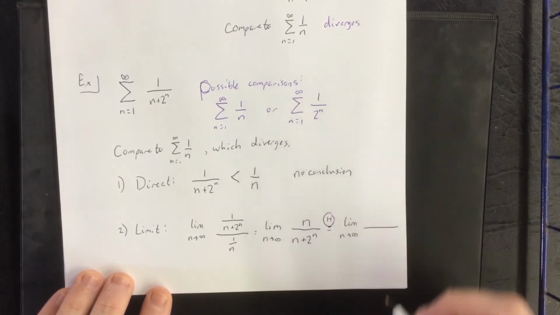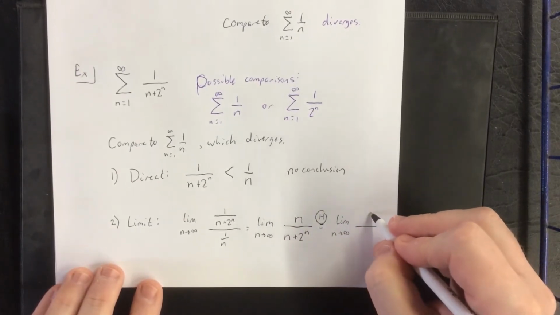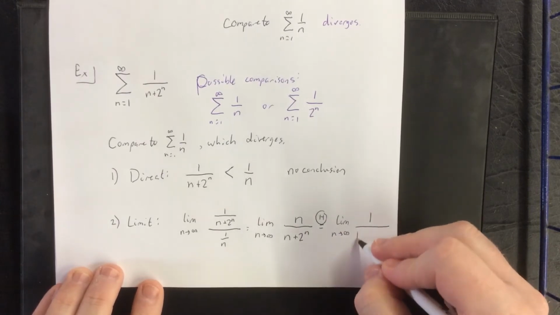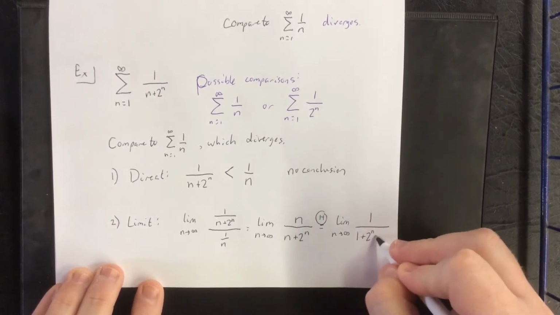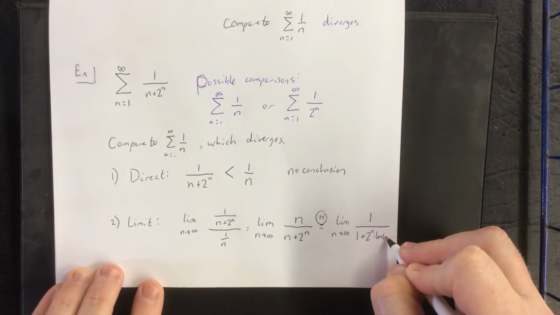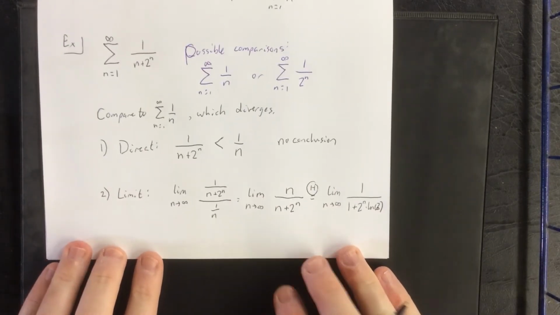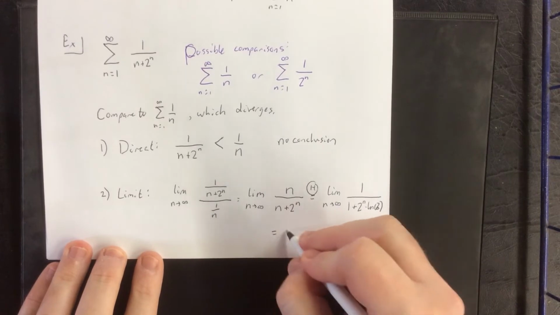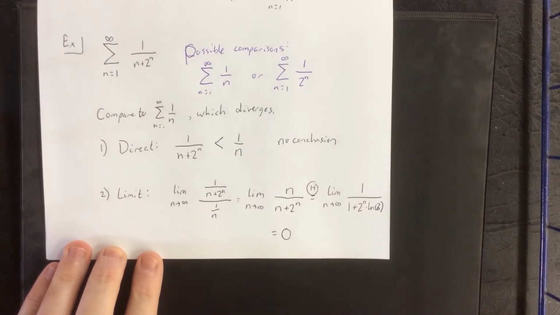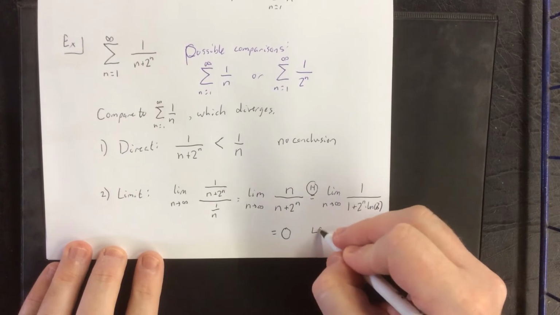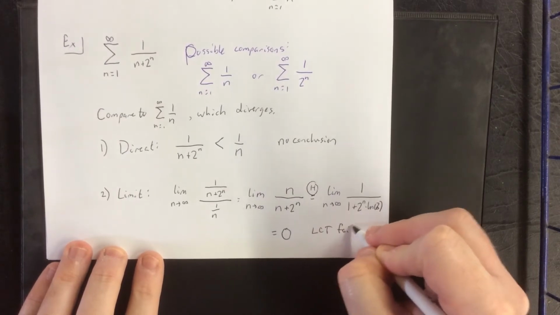Differentiating the top and bottom with respect to n, numerator would become 1, and the denominator would become 1 plus 2 to the n times the natural log of 2. Now as n goes to infinity, this limit would be equal to 0. According to the limit comparison test, we are only able to draw a conclusion if this number is both finite as well as non-zero. So the limit comparison test just failed.